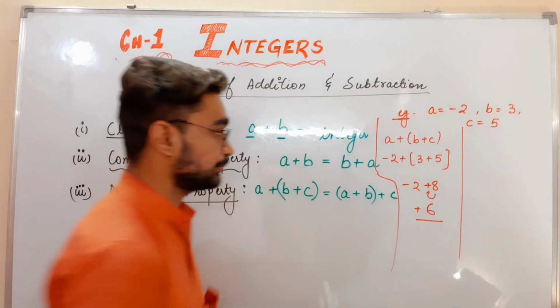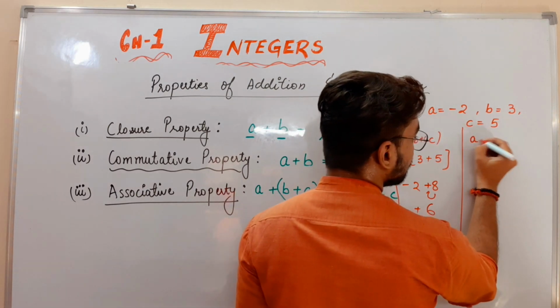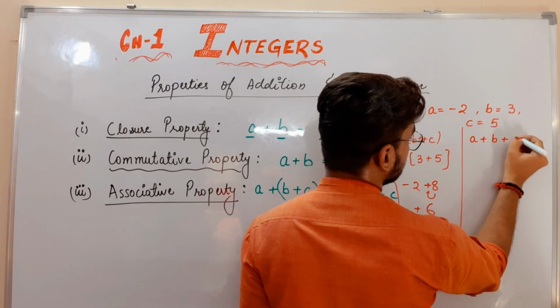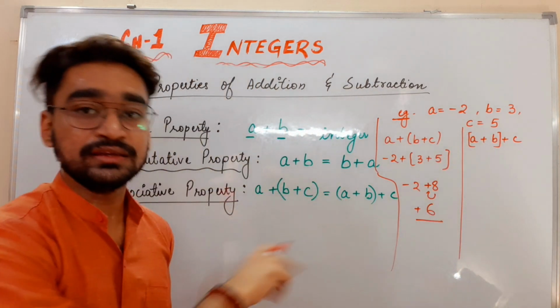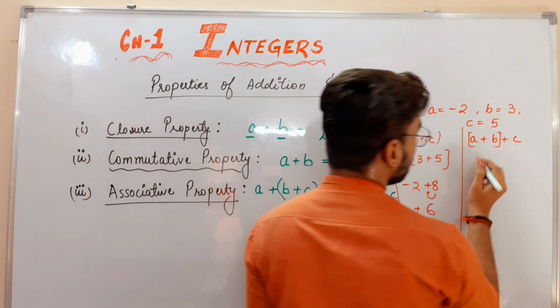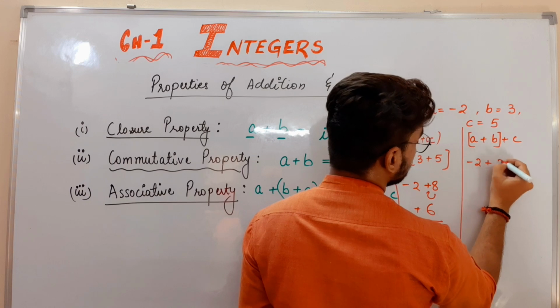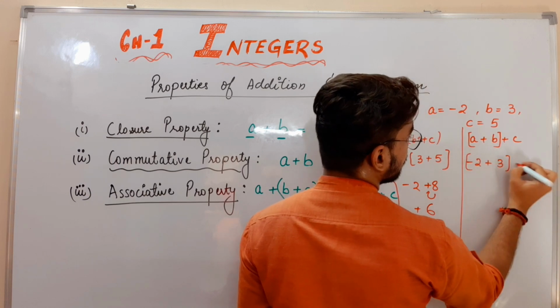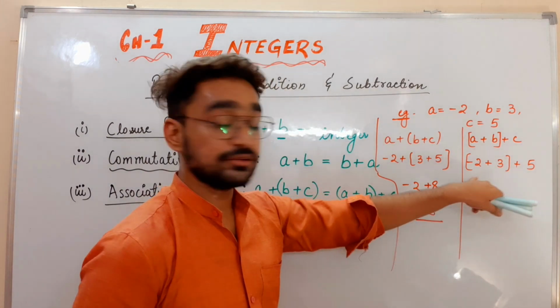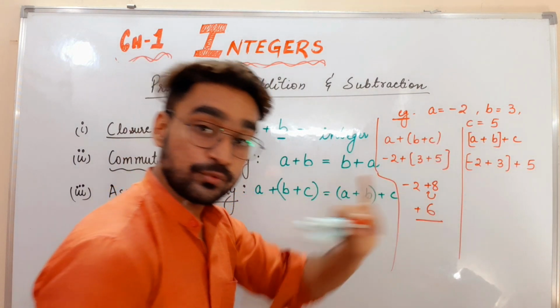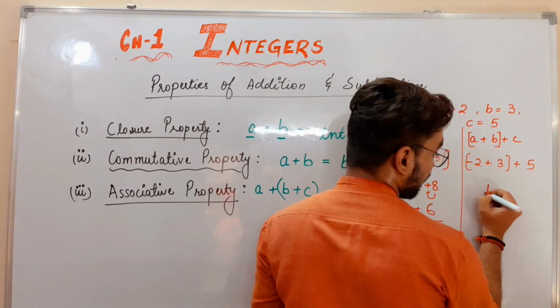Okay, no doubt. Now let us see the second part, (a plus b) plus c, in which I have to add a and b first, then add c to the result. Substitute the values here: (minus 2 plus 3) plus 5. Minus 2 plus 3: 3 minus 2 is 1. Will the answer be positive 1 or negative 1?